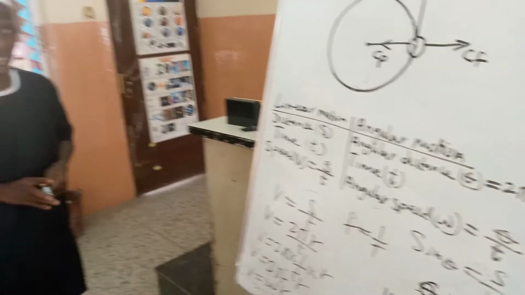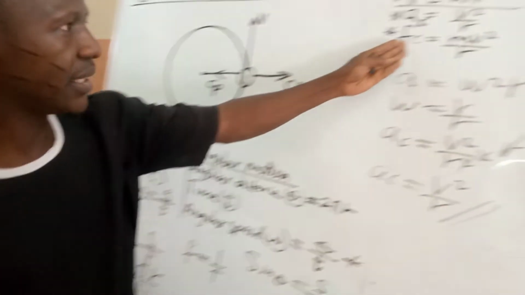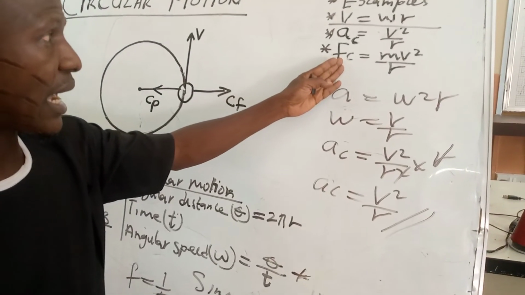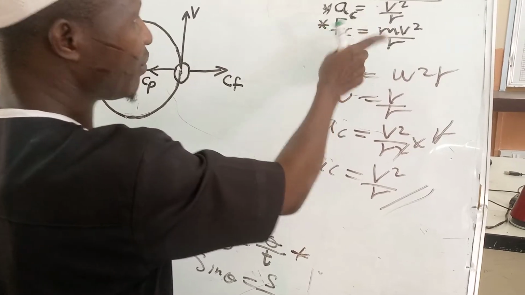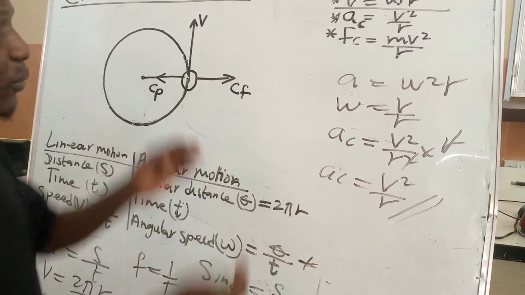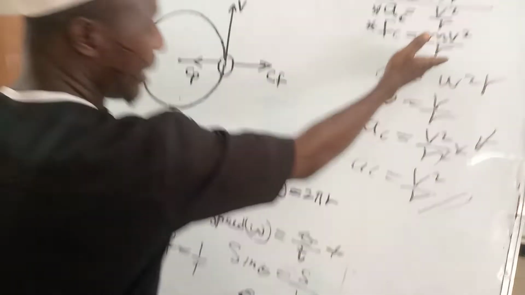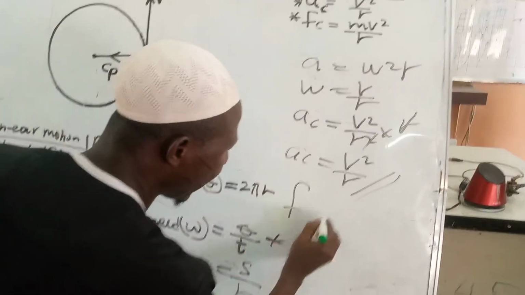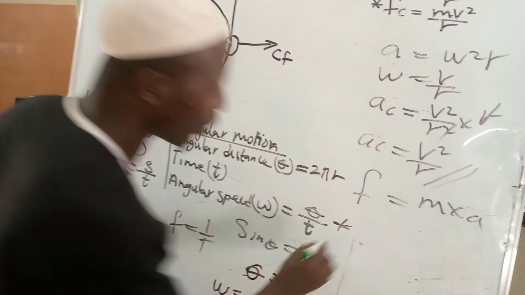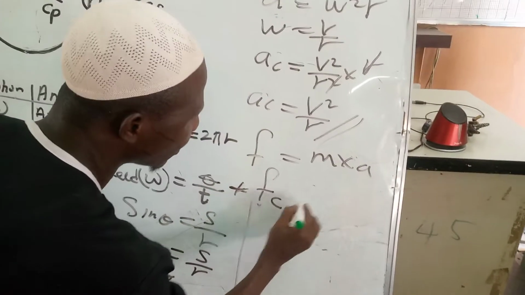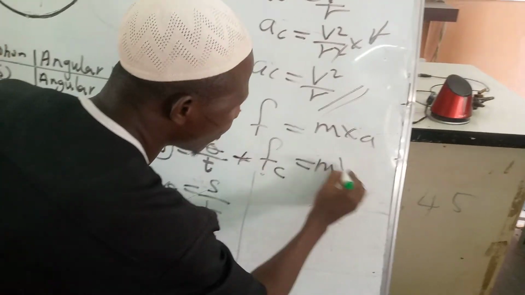Then, finally, centripetal force and centrifugal force. Don't forget, both of them are equal, but they have opposite direction. To derive them, force is equal to mass times acceleration. Therefore, centripetal force will give us mass multiplied by centripetal acceleration.